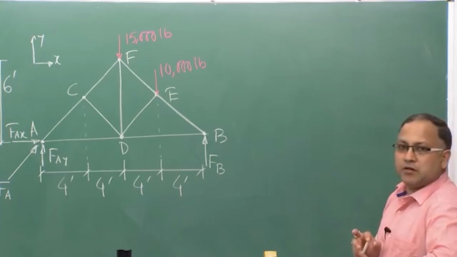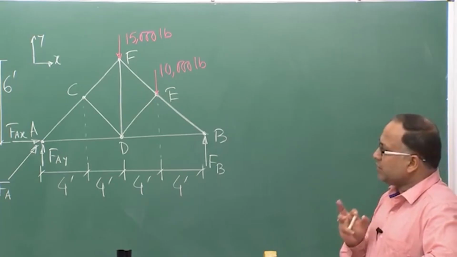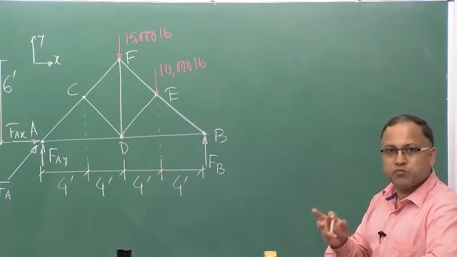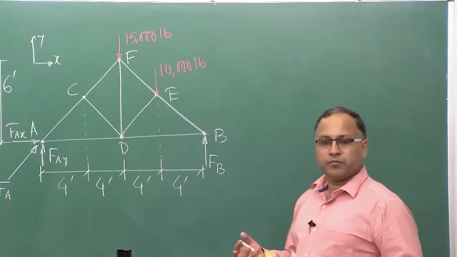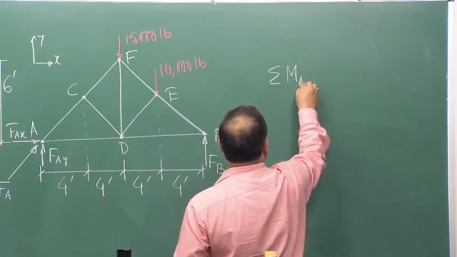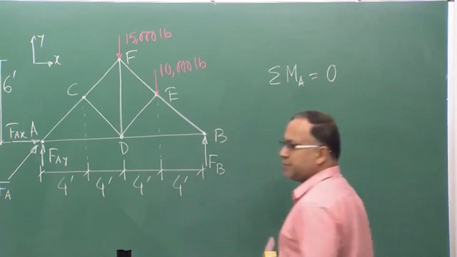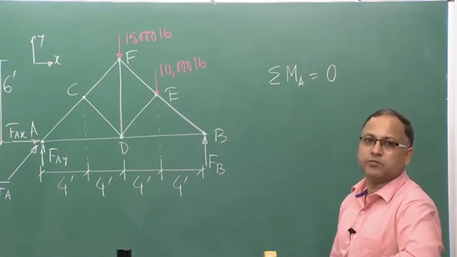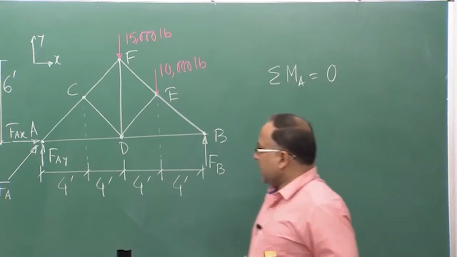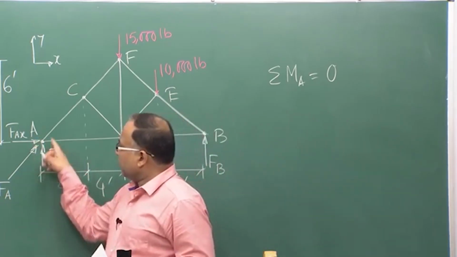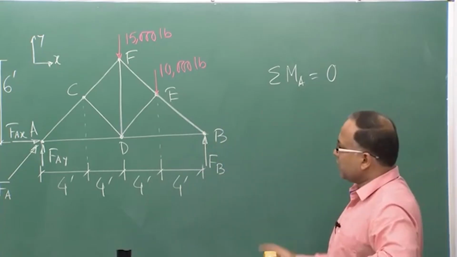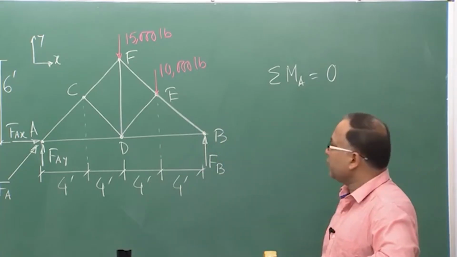So, the summation of moment with respect to point A is 0. I will not get any moment contribution from the F A force, because F A passes through point A.